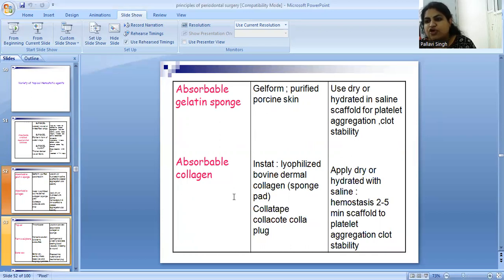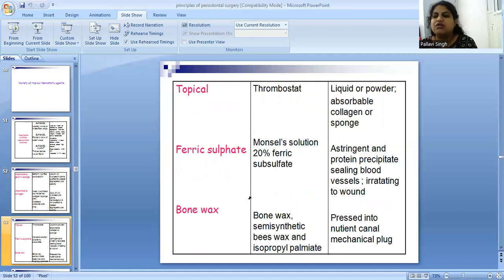You can apply it dry or hydrated with saline. It achieves hemostasis within 2 to 5 minutes, and it also acts as a scaffold for the platelets, and this time when the clot is formed, it is stable. It is not unstable in the environment of saliva.